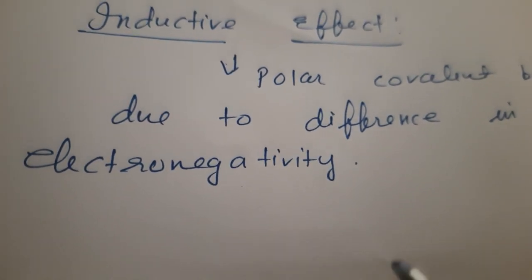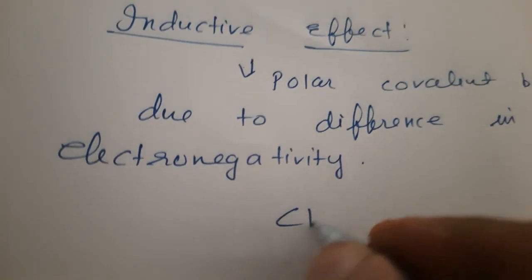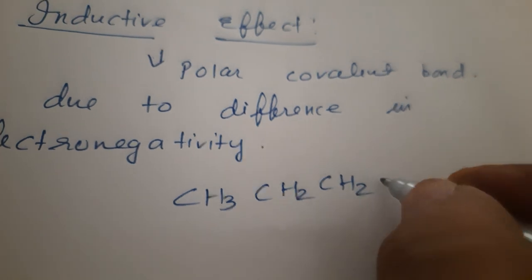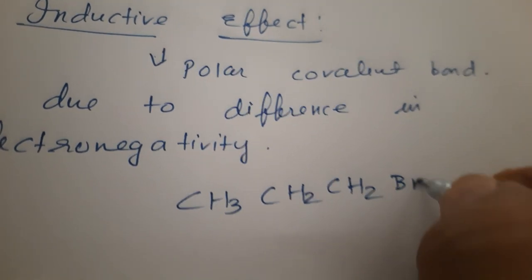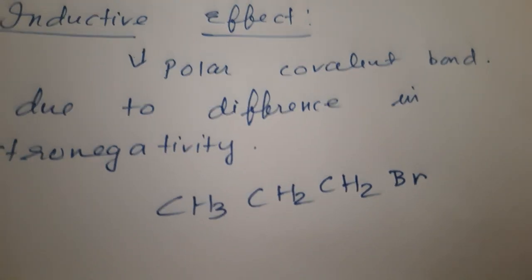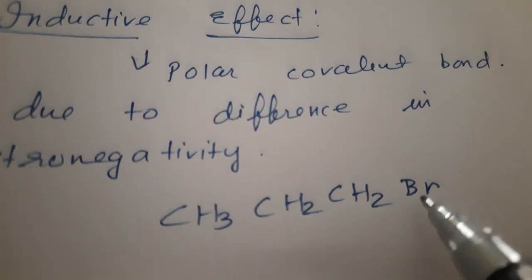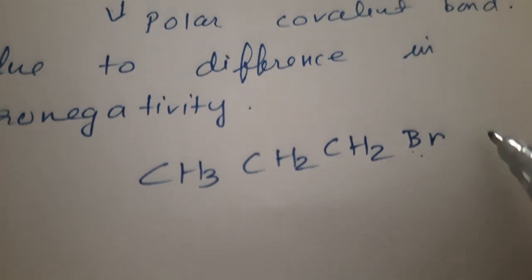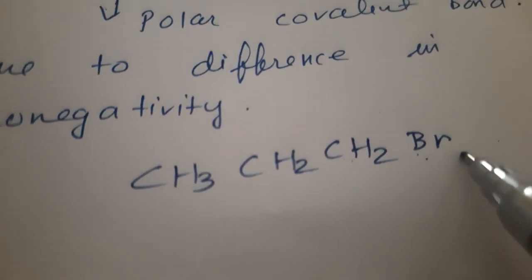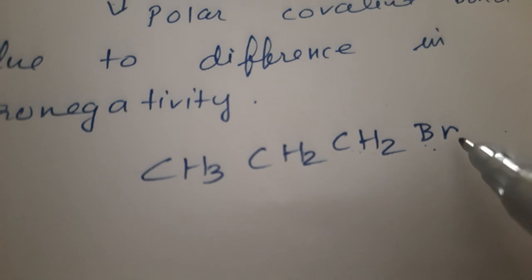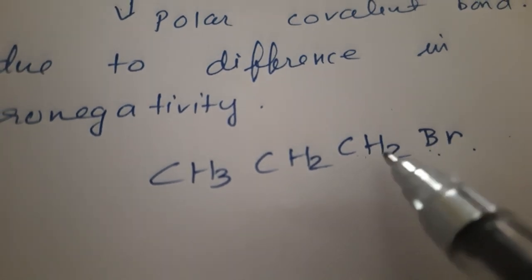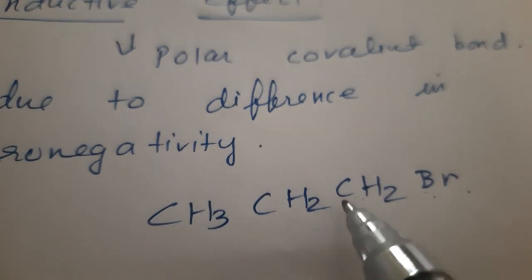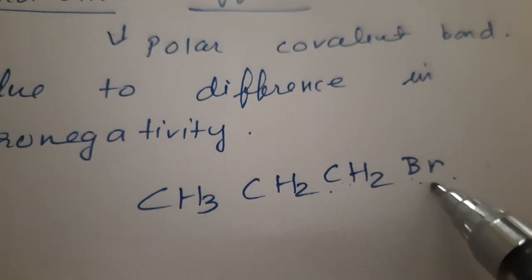Let me explain with an example of CH3, CH2, CH2, bromine. Bromine, being more electronegative, will pull the shared pair of electrons towards itself. So electron density will be shifted towards the bromine, and the C-Br bond will be a polar covalent bond. This carbon will get some positive charge and the bromine will get negative charge.